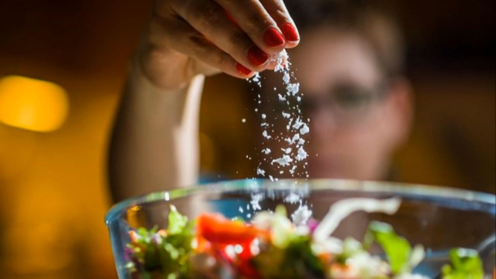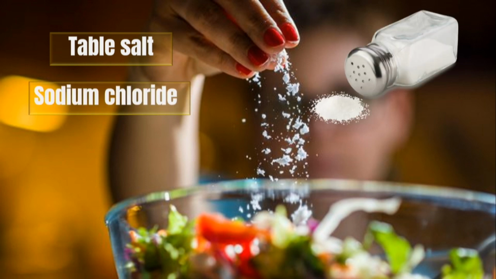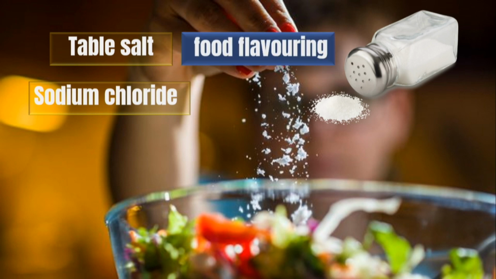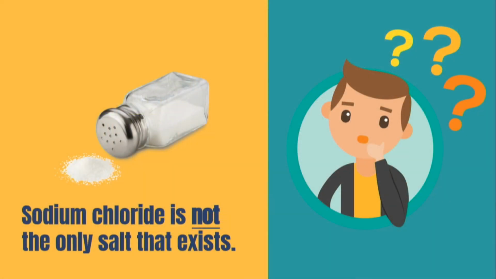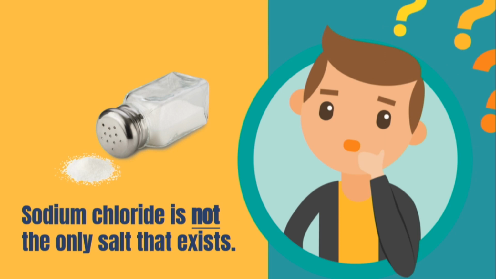When talking about salts, you're probably thinking about table salt that is used for food flavoring. The chemical name for table salt is sodium chloride. But did you know that sodium chloride is not the only salt that exists?